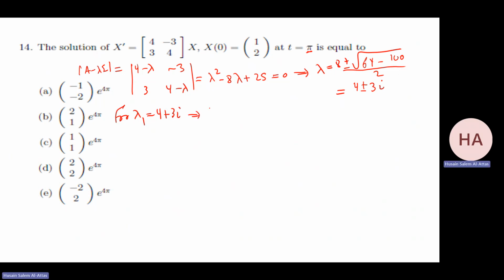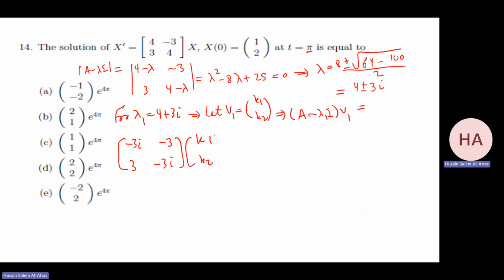So you get what? Let V1 be K1, K2. You get A minus lambda 1 I times V1 equals, let's write it here, 4 minus 3i, minus 3, and 3, 4 minus 3i. I think we did it before. K1, K2 equals 0, 0. So I have what?